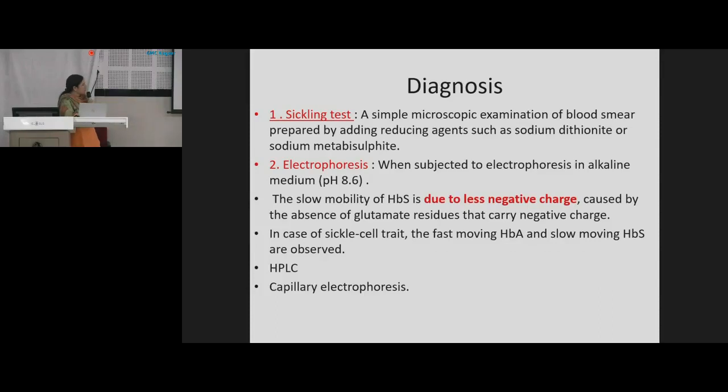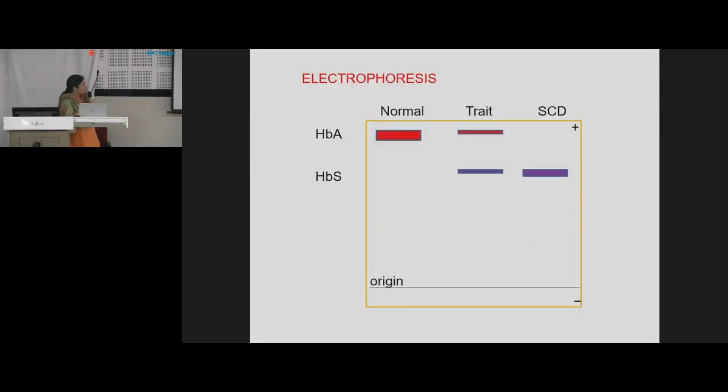HPLC and capillary electrophoresis can also be done to confirm the diagnosis. This is a picture in electrophoresis. This is normal, and in trait we'll get both types, hemoglobin A and hemoglobin S, while in sickle cell disease only the band of hemoglobin S is observed.